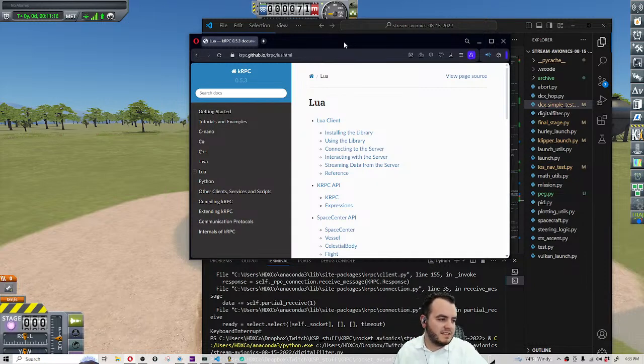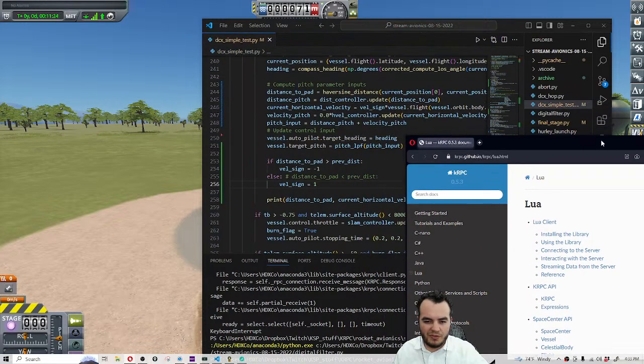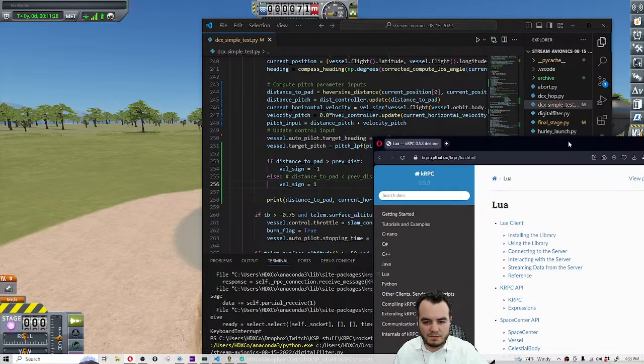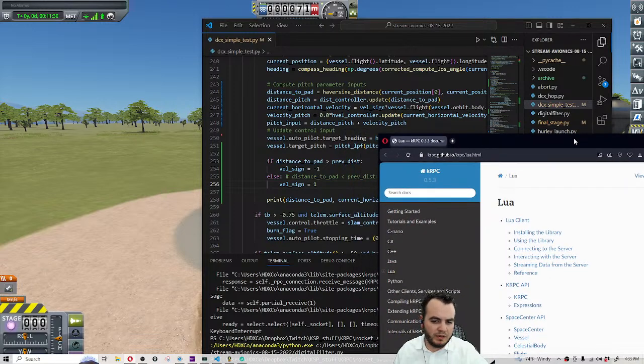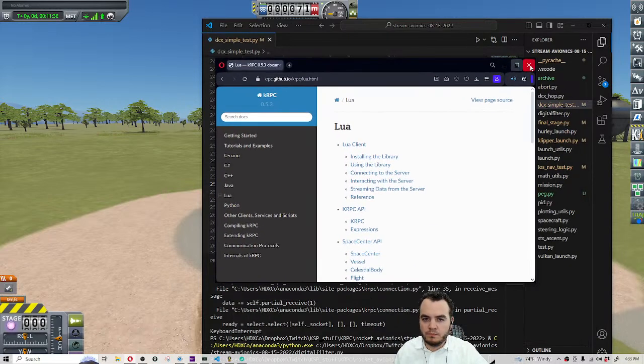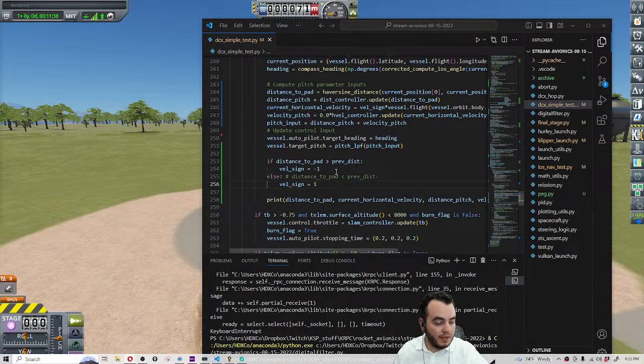I mean, if distance to pad is equal to previous distance, and our distance is 0, so it doesn't really matter what the sign is, right? Well, I guess that's not true. It'll be positive, meaning we're still moving towards the pad. So I think that's okay. I think that's okay, yeah. Yeah, absolutely, Tensile.